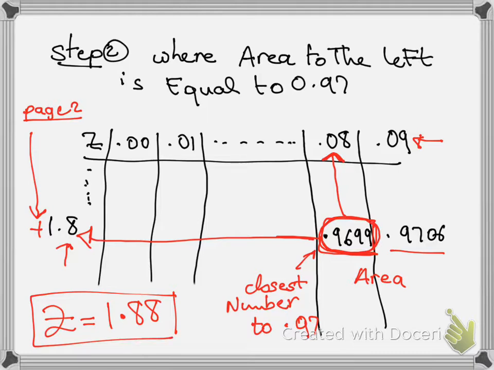Because we have 1.8 here and the nearest hundredth here is 0.08, then z is 1.88. Okay, so 1.88.